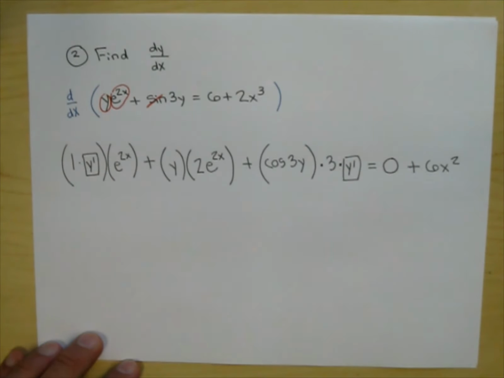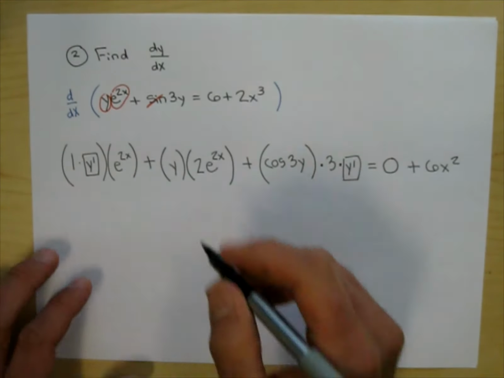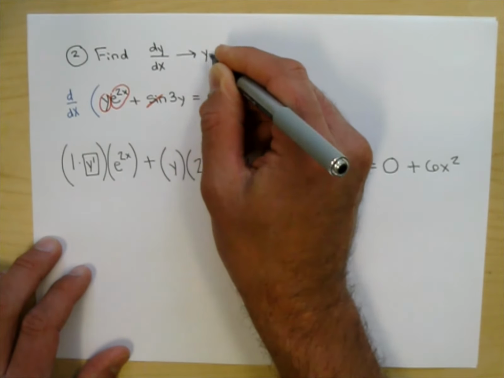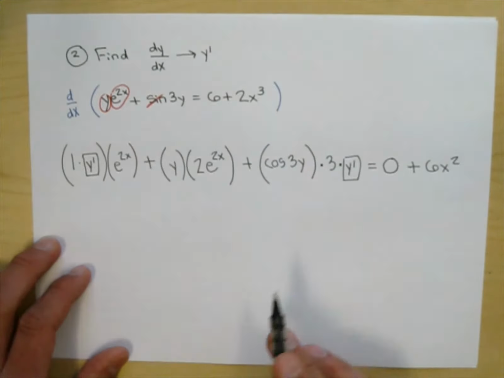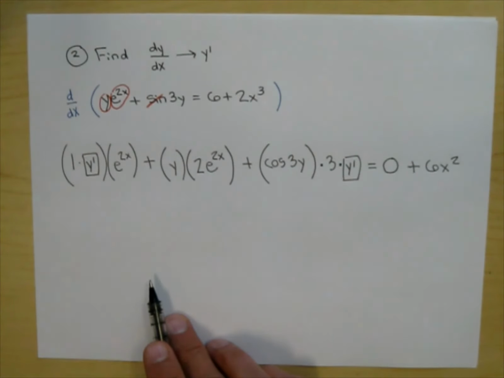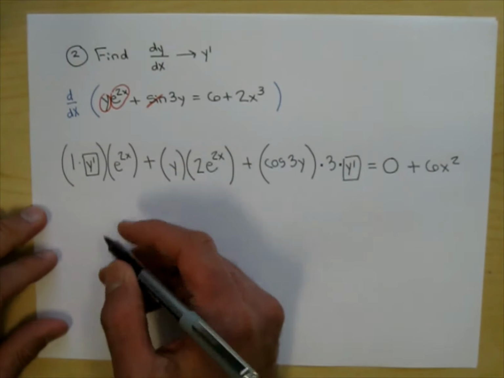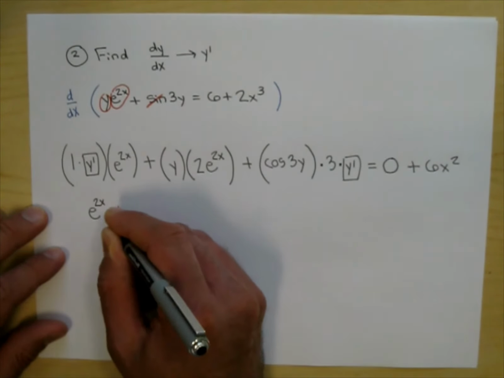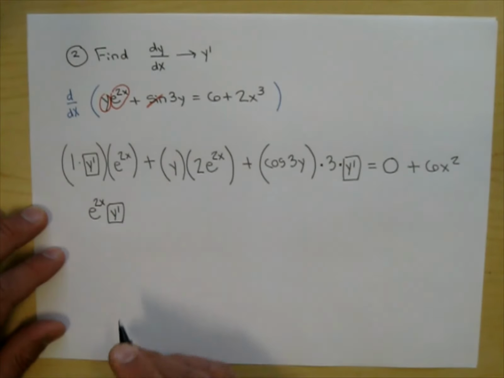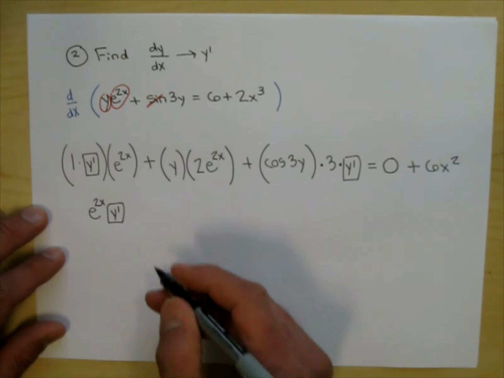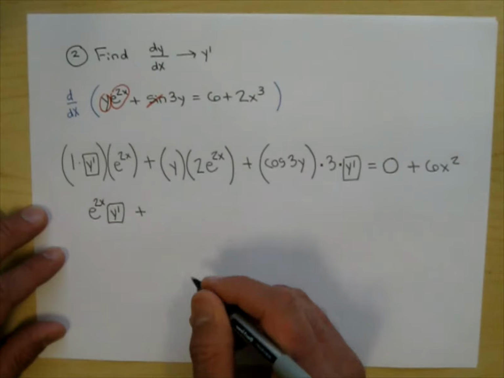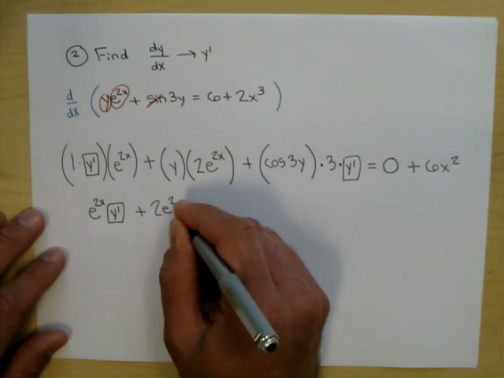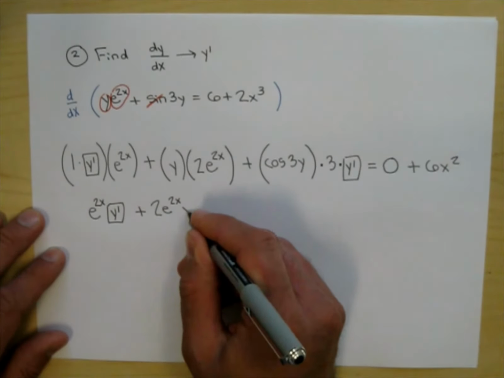They asked me to find dy/dx. Now dy/dx is the same as y prime, so both are the same. We're going to go ahead and clean this up a little. So I have e to the 2x y prime. That's just a matter of style that I put the y prime on the right side. You can keep it the other way. This is going to be plus 2e to the 2x y.